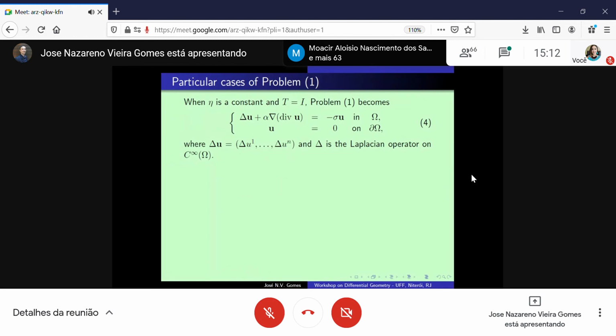Particular case of problem 1. The first one is when eta is constant and T is the identity. Problem 1 becomes problem 4. Okay? This stands for the Laplacian operator on real valued functions. This operator is known as the Lamé operator.